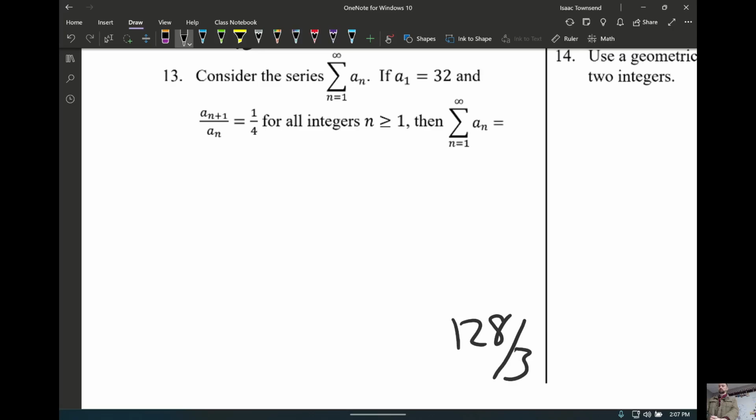It has to be 1/4 of a to be able to simplify down to 1/4. A of n plus 1 has to be 1/4 of a n. So then you've got your a1 and your r.